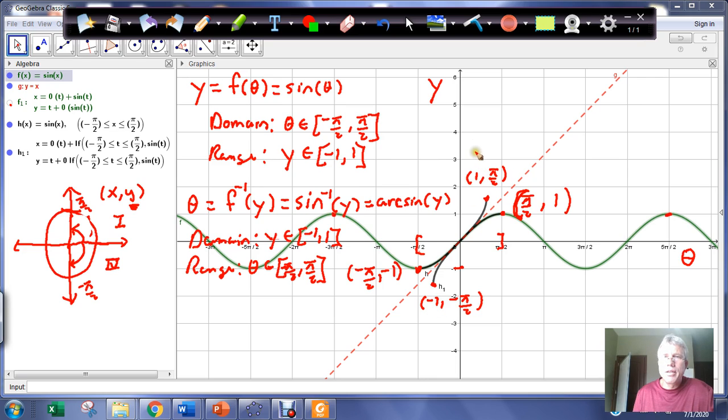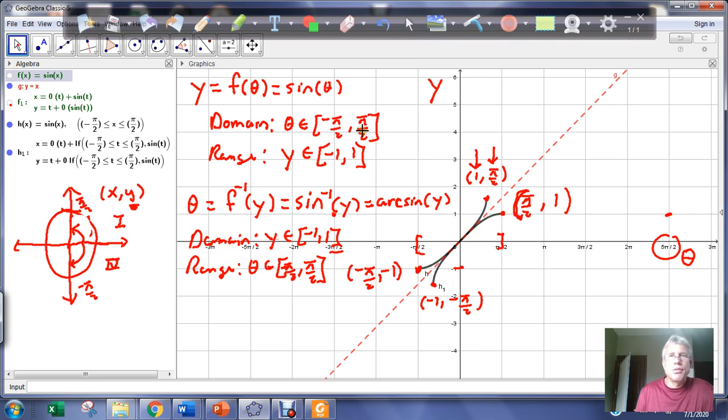But when we plug a 1 into the arcsine function, it can only give us pi over 2. It can't give us any of the other angles that generate an output of 1. So it's limited to giving us angle outputs on the restricted domain, negative pi over 2 to pi over 2.